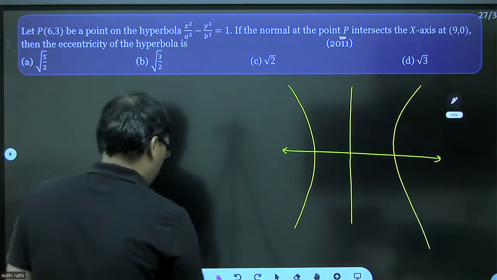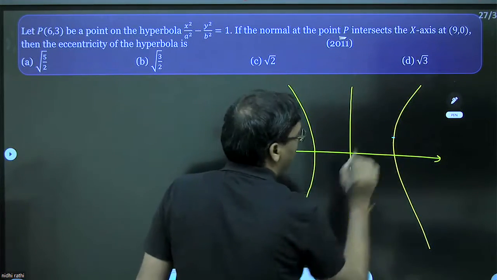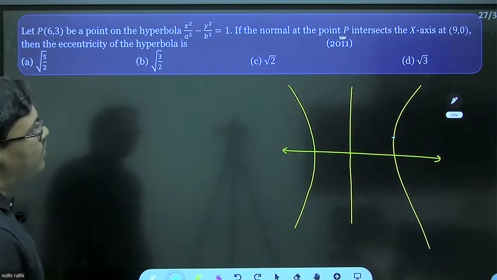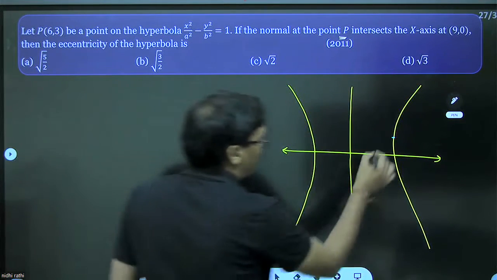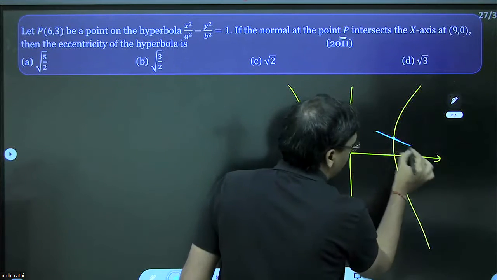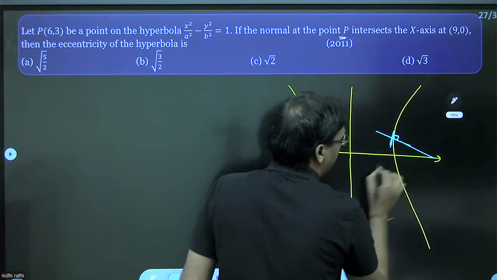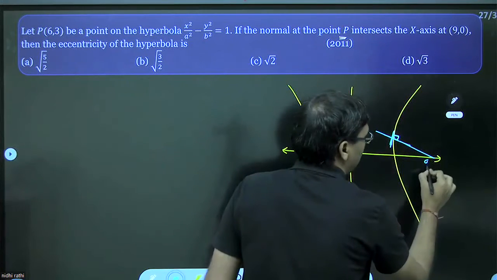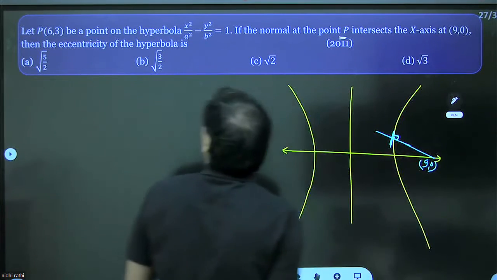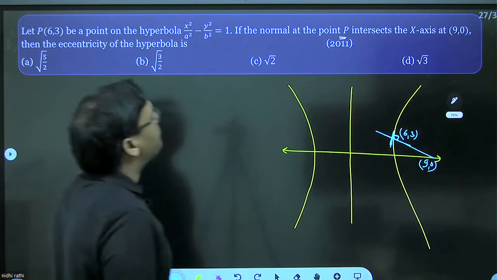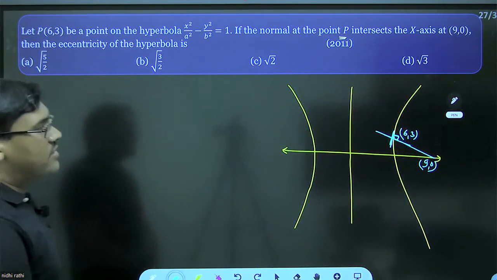Let's say this is the point (6, 3). This is the normal, which is intersecting the x-axis at (9, 0). Then we have to find the eccentricity of this hyperbola.